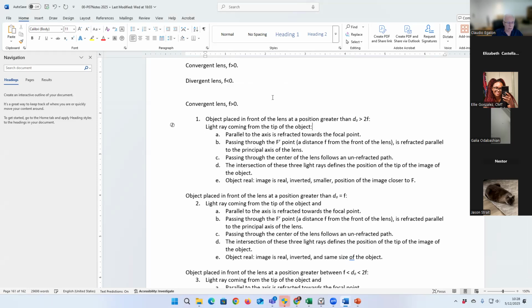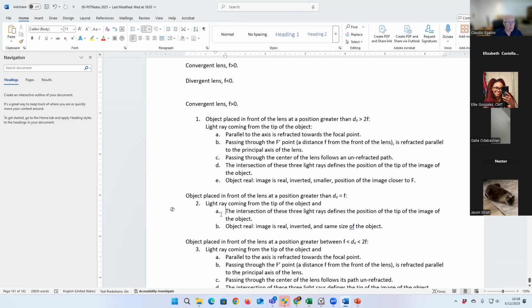Try to organize it here, parallel to the axis. And now we don't need to put that because it's going to be repetitive, right? And then this one here is going to be number 2. Just organizing it better.